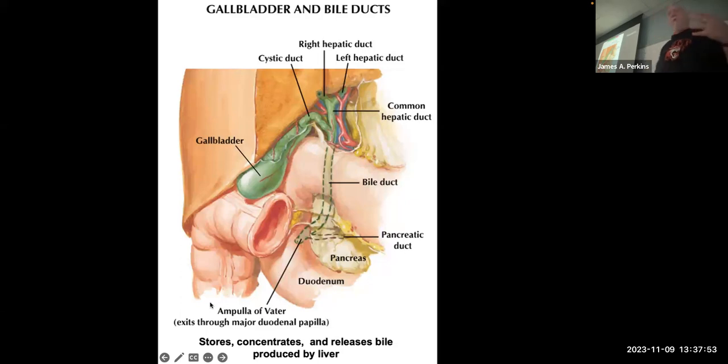There's something called the ampulla of Vater, which is a chamber where the bile duct and the pancreatic duct join. So the little chamber here where the bile duct and pancreatic duct join, that's called the ampulla of Vater. And then the major duodenal papilla is this thing that looks like the tip of a little finger that protrudes into the duodenum. And there's a little hole in it, a little orifice, and bile then flows into the duodenum where it mixes with your fatty meal to help digest fat.